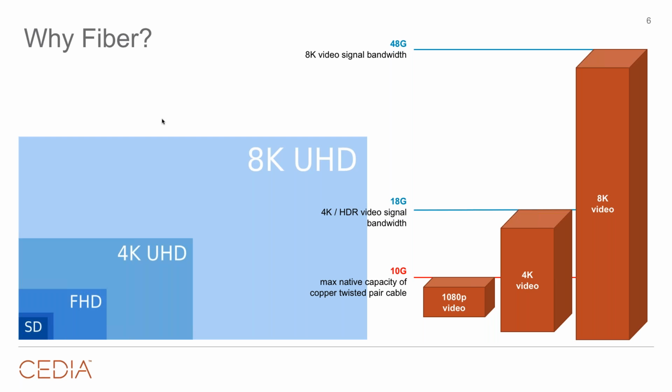This is where fiber really starts to become part of our installation, because fiber handles the bandwidth to take on this 48 gig signal.